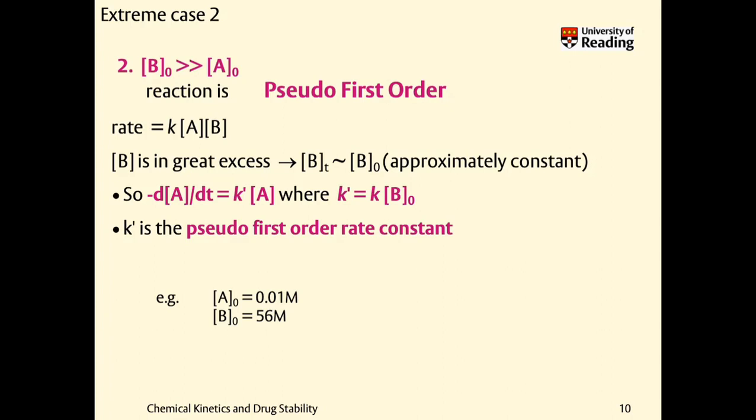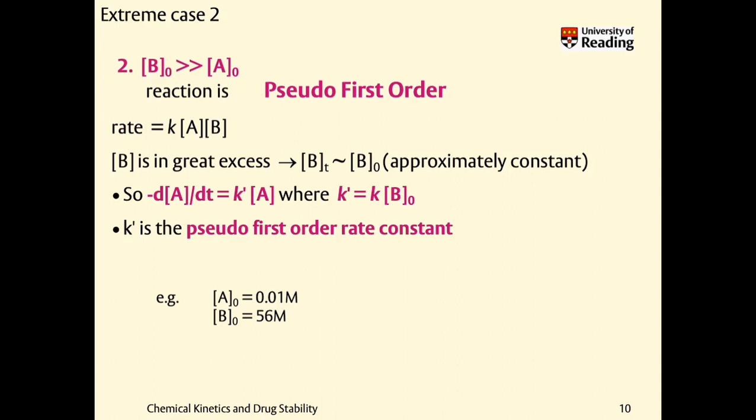Okay, and this has simplified it, and what we have there is a rate law. So our rate, which as you know is minus dA by dt, that's what we're going to measure, equals K, and this time we have a dash, K prime. We call that dash prime. So K prime times the concentration of A, which is first order.